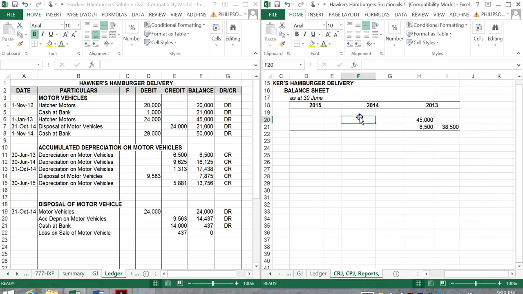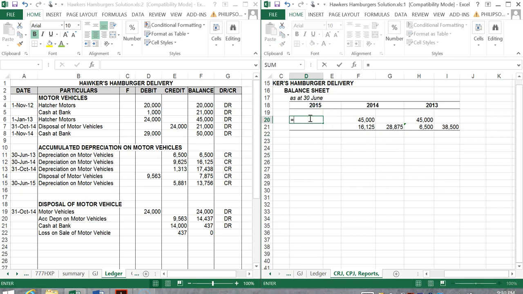Underlines here. 2014. In our motor vehicles account, 30 June would be in between these two here as well. So this here is still our closing balance, and our accumulated depreciation, 30 June 2014, is here. So therefore, 45 minus 16,28,875.